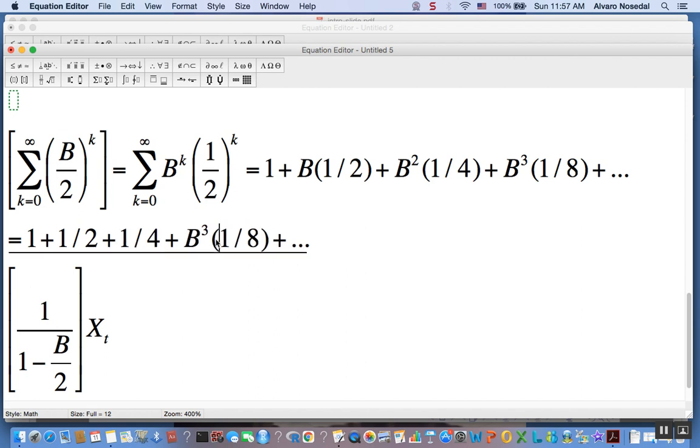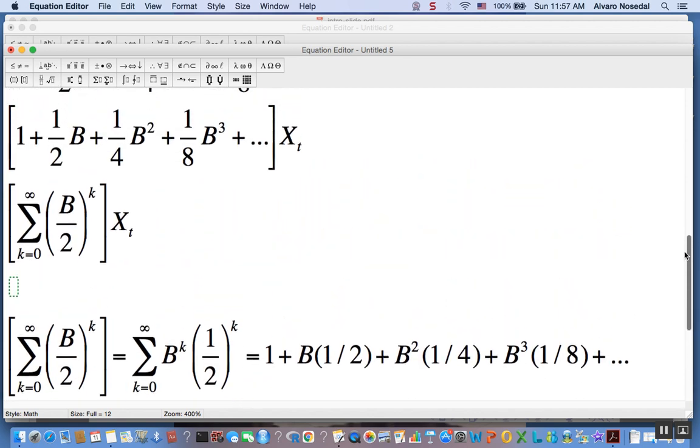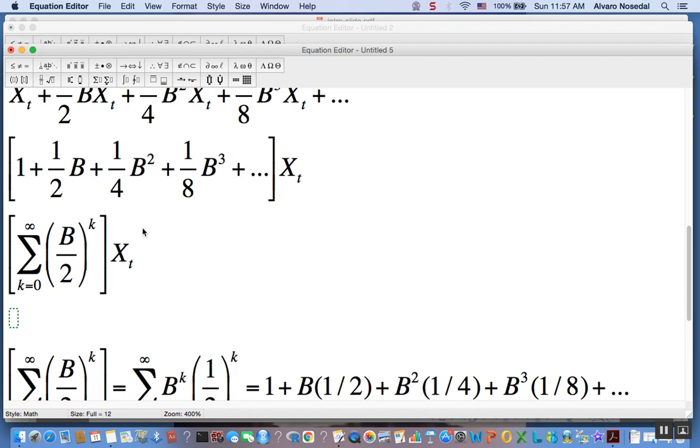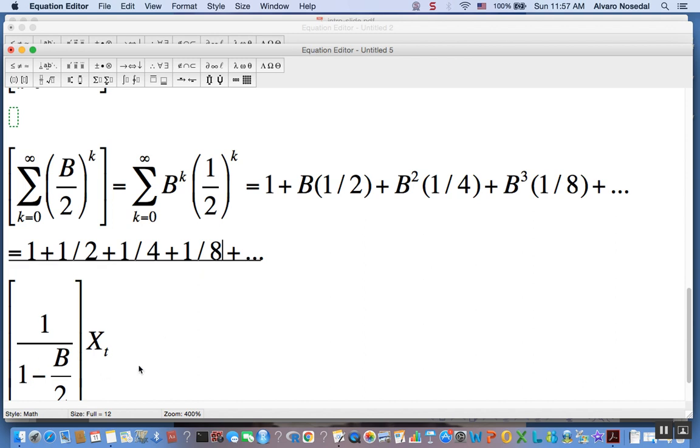Three times, same result. So the convergence here, meaning what allows you to go from this kind of expression to this, is the fact that here r is in absolute value less than 1.